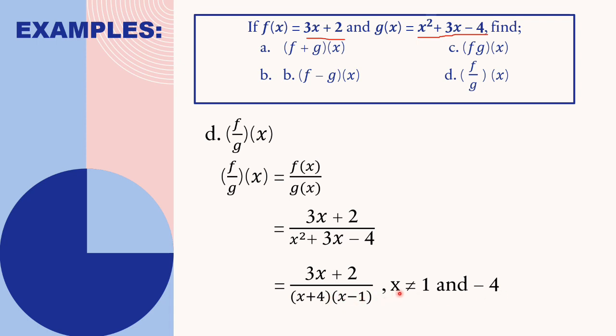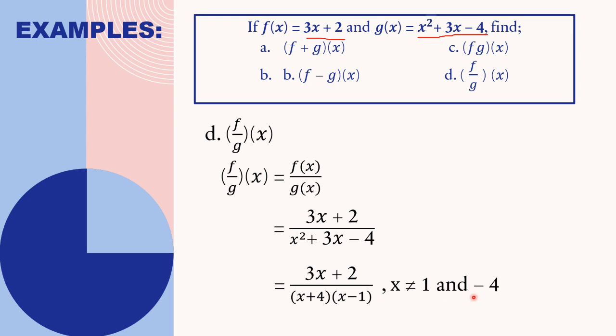So why is it that x is not equal to 1? So if we're going to use 1 as x for this function, so in the denominator x minus 1, if x is 1, so 1 minus 1 is 0, and 0 times x plus 4 is 0, and any number or function divided by 0 is undefined.